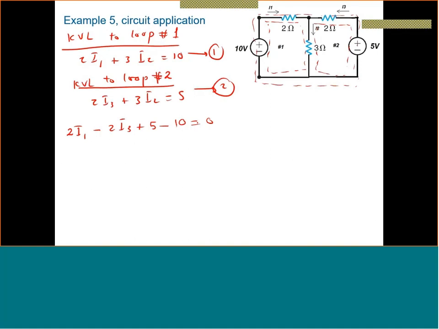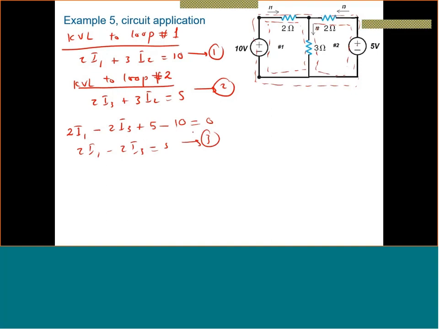Let's take KVL of the outer loop, and then this will be my system of equations, 2I1 minus 2I3 equal to 5, equation number 3.